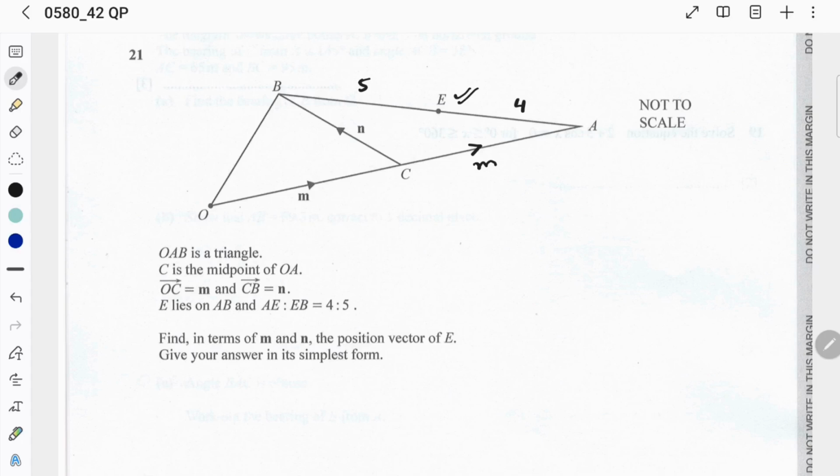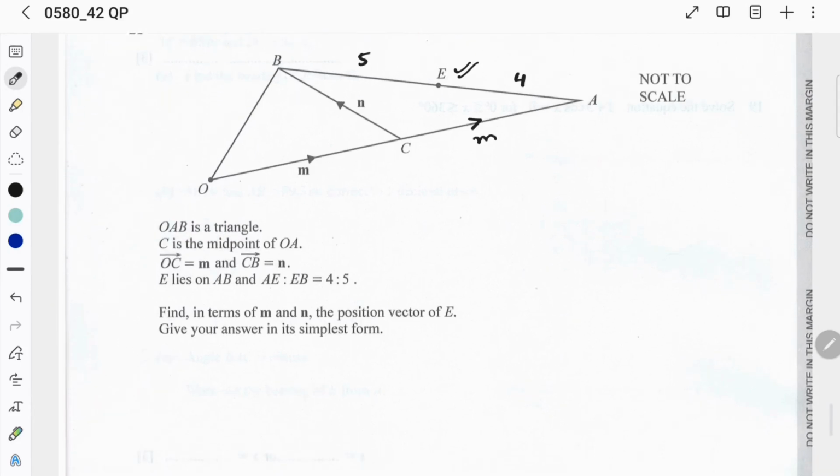So if I'm going to find out B to A, then we'll be able to find out the position vector of E. So B to A, this line.